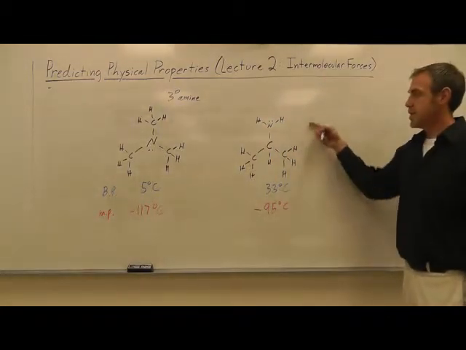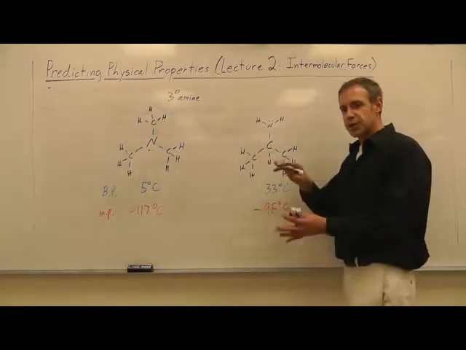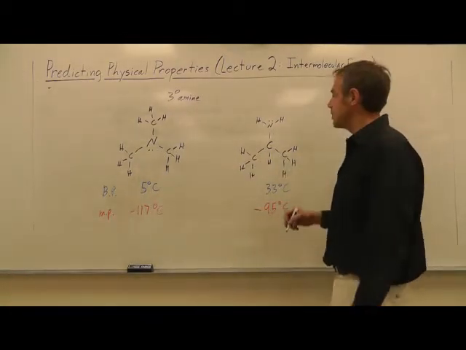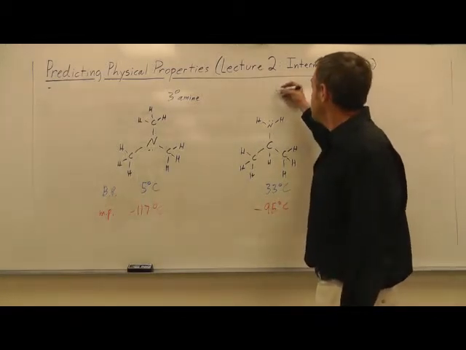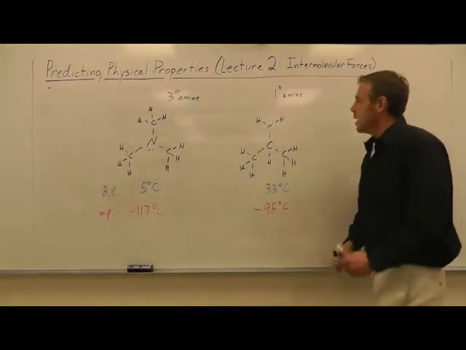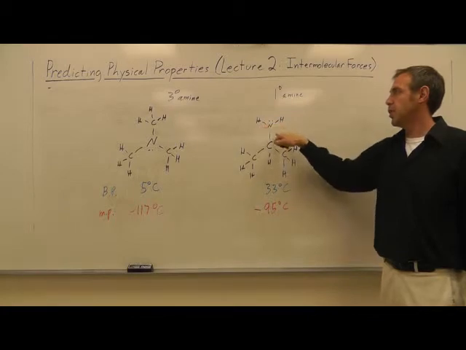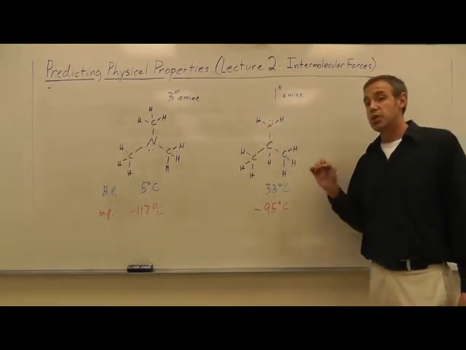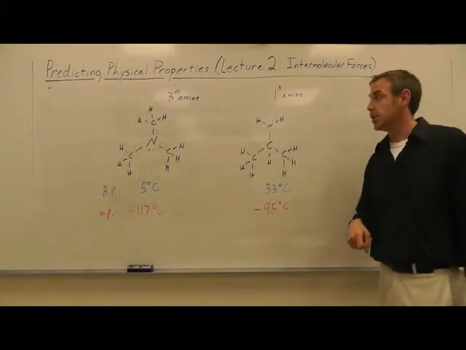We can contrast that with this structure. It has the same exact formula, it's just a little rearrangement of the atoms, and it gives it distinctively different properties. This would be a primary amine. And so in this case, we've got polar bonds here: 2 nitrogen-hydrogen bonds that are polar, and then a nitrogen-carbon bond that's polar.